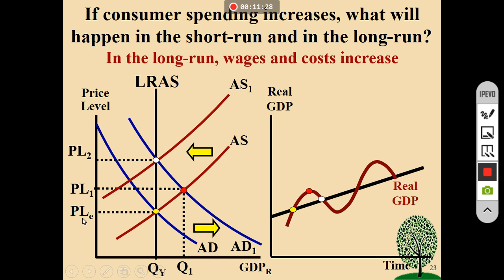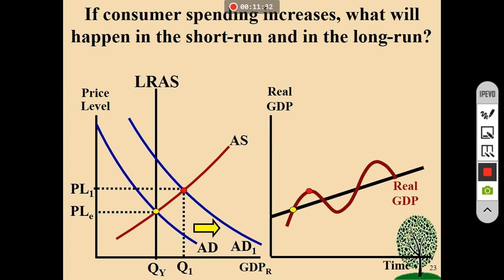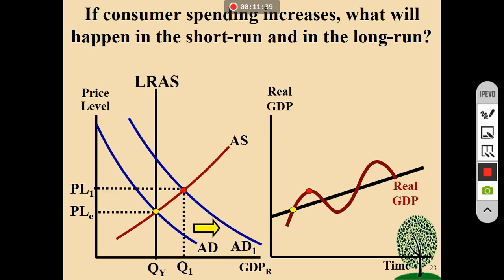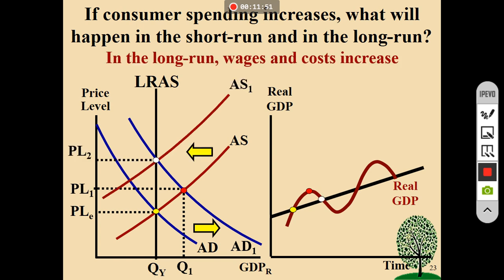I'll back up and walk you through it one more time. Happy spot. Consumer spending increases. We're out here at an inflationary gap. The price level went up, so we saw inflation right here. Workers demand higher wages, which shifts aggregate supply back to the LRAS.